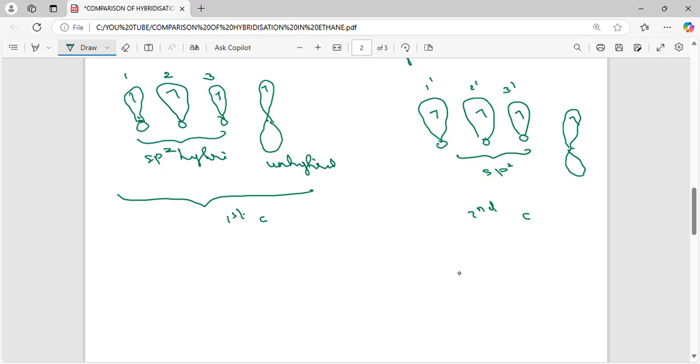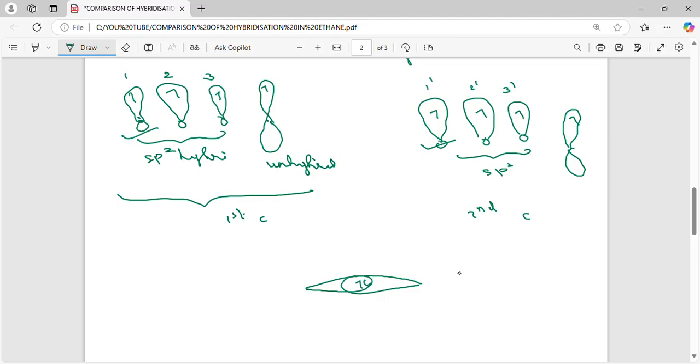Hybridized orbital number 1 of the first carbon, having a single electron, combines with the 1 dash of the second carbon. It means this one is overlapped with the 1 dash of the second carbon.